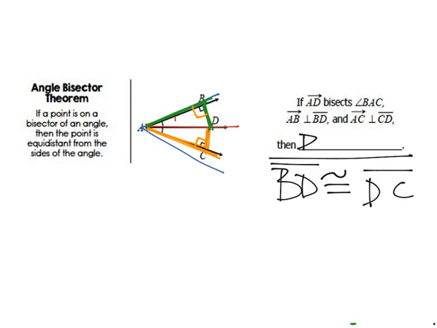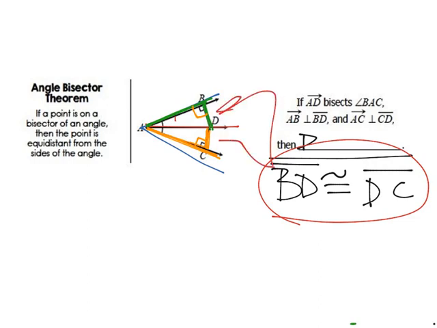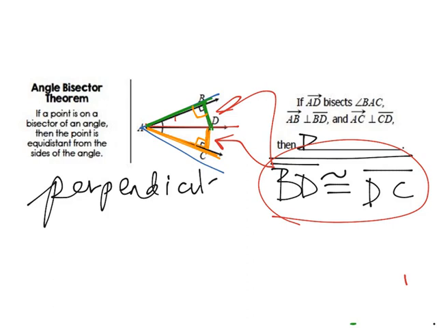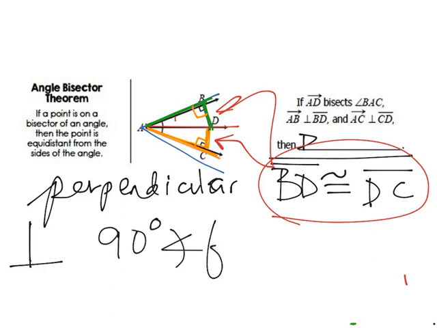That little green part and this little one here are congruent, those little segments created by that perpendicular relationship. Remember, if you forget, perpendicular is a 90 degree angle. This is the symbol for perpendicular, and it forms a 90 degree angle.